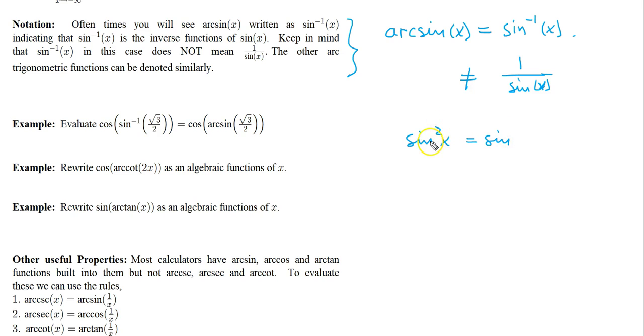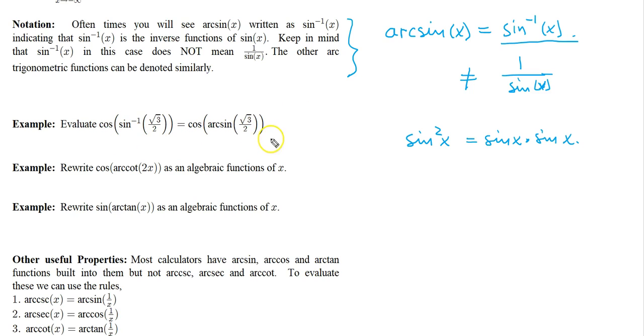That really does mean you take sine and raise it to the second power. So it gets a little confusing, because this could mean 1 over sine in certain situations, but when you're thinking of this as an inverse sine function, you're thinking of it like this, not like this. That's why a lot of people prefer the arc sine notation, but you will still see this used quite often in many textbooks.